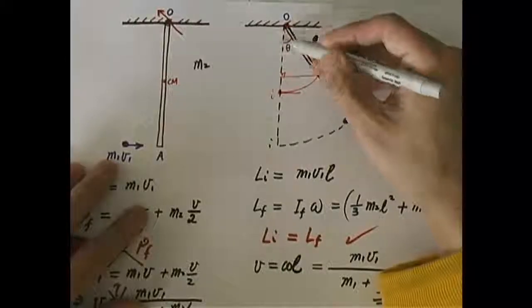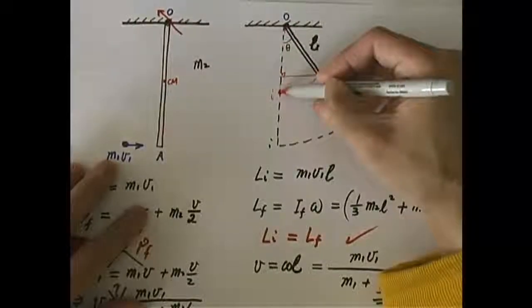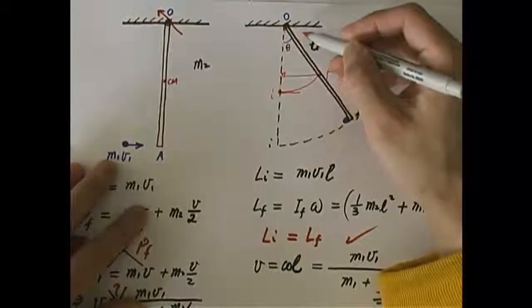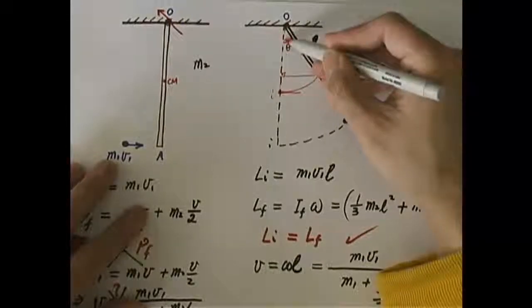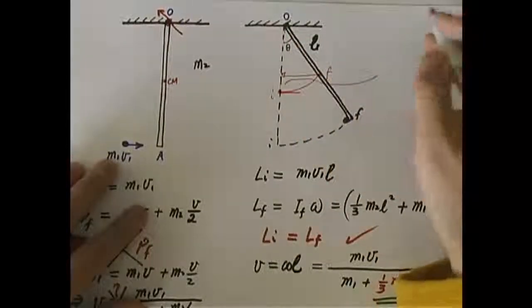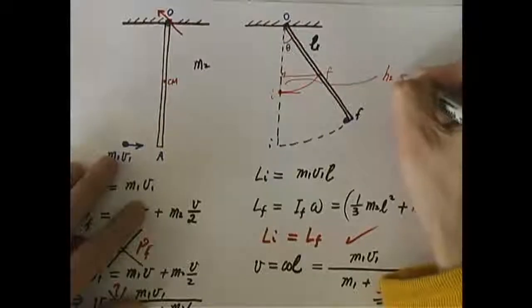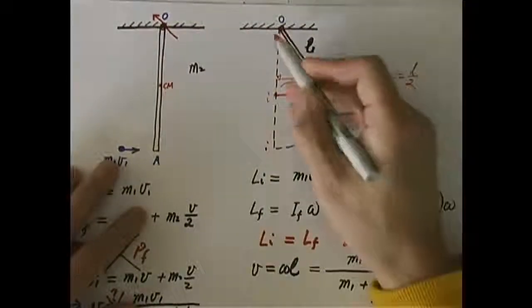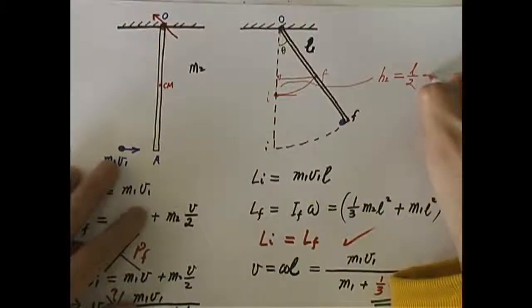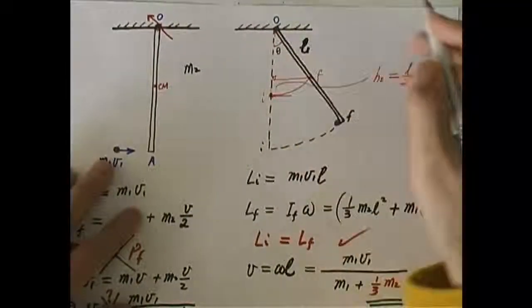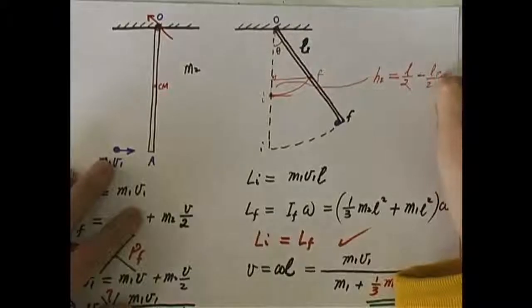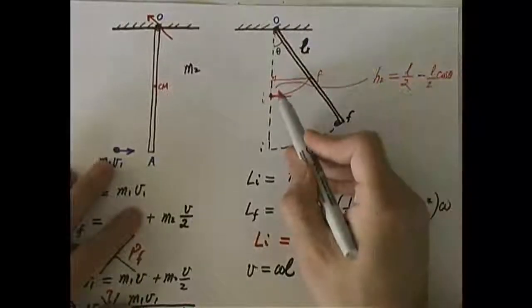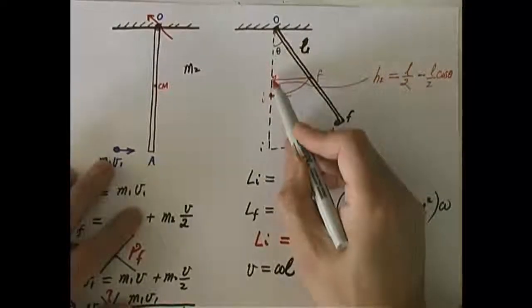From here to there, that is L over 2. And from here to there, that would be L over 2 times cosine theta. So this distance, let's call it H2. H2 equals L over 2 minus L over 2 cosine theta. That's how the center of mass of the rod goes up.